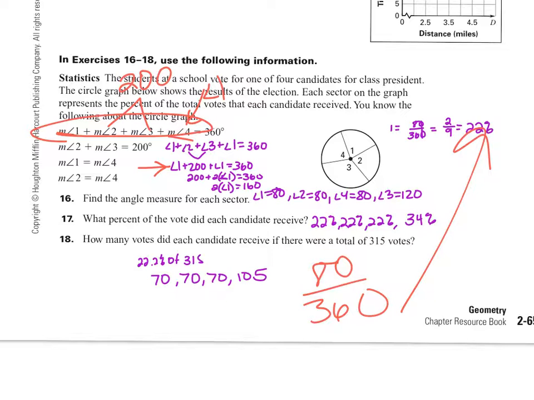So if you wanted to know what 22% of 315 is, you would do 22% times 315, or 0.22 times 315, and you'd get 70, which is true for angle 1, angle 2, and angle 4. And then, or candidate 1, 2, and 4. And then multiply the 34 times 315, and you get 105. Or add these 3 up and subtract it from 315, and you get 105. So again, good SAT prep question, not going to be on your test this time.